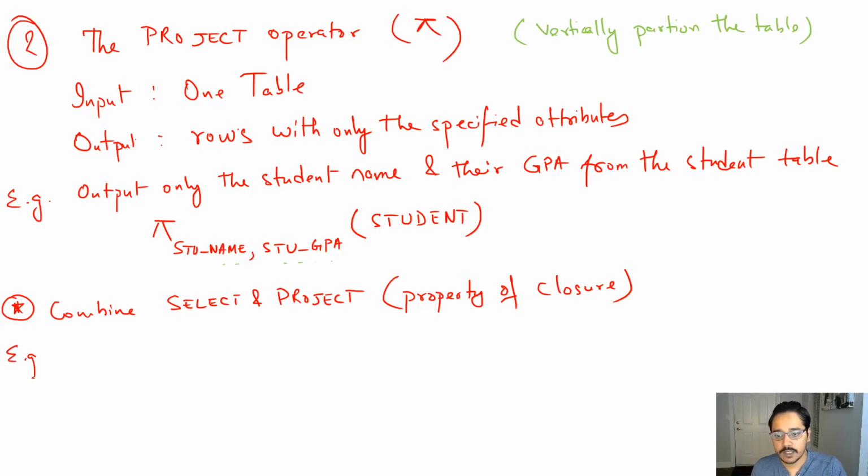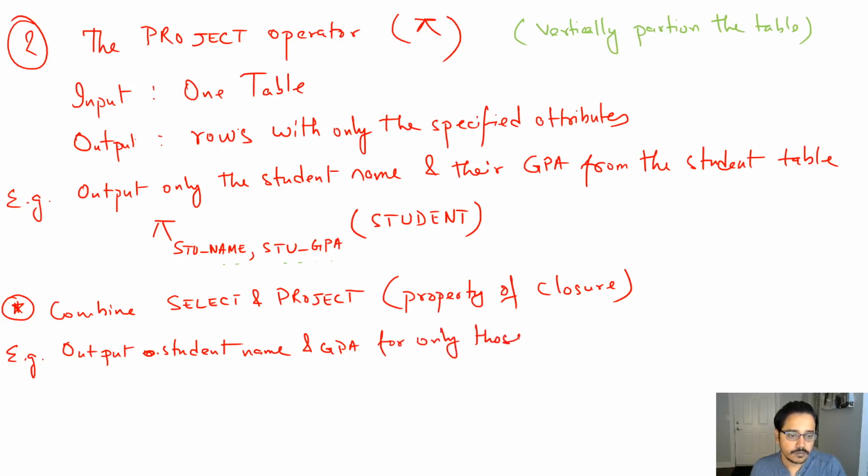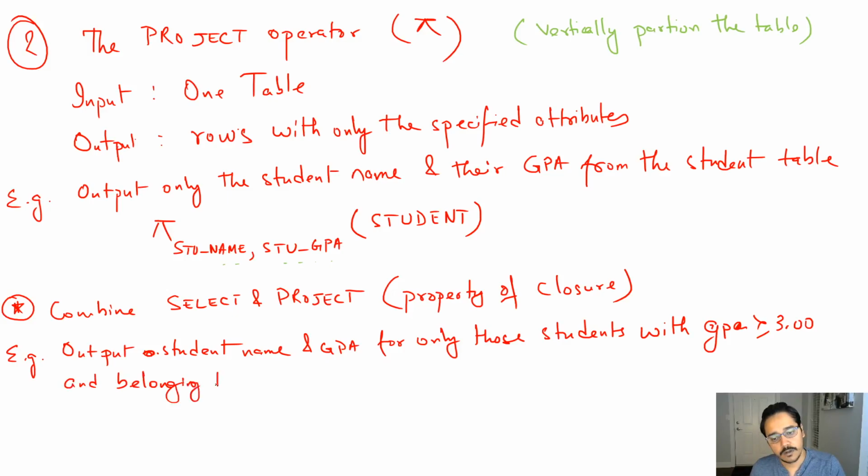So that means in our example, if we want to output student name and GPA for only those students with GPA greater than or equal to 3.0 and belonging to the CSE department from the student table.